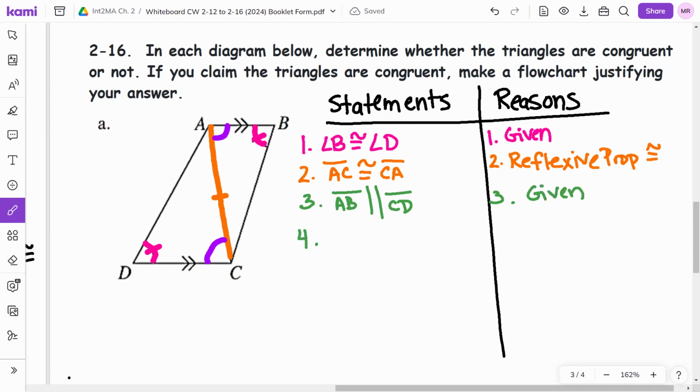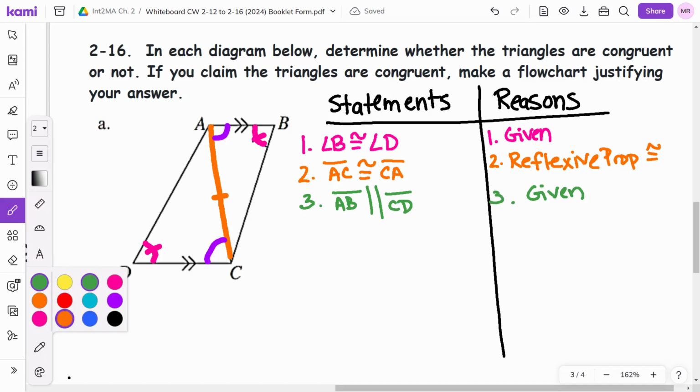Now, given that information that those are parallel, I know that angle BAC, and here maybe I'll do it in purple since I drew it in purple so we can see what matches.